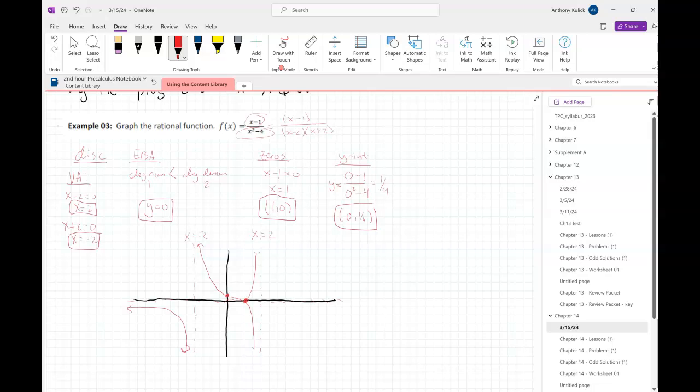If I plug 1.5 into the top, I have positive, but if I plug 1.5 into the bottom, it's going to be negative, right? Because I know 2 squared is 4, and 1.5 is less than 2, so that'll be less than 4. So I have positive over negative, so I should have that one.